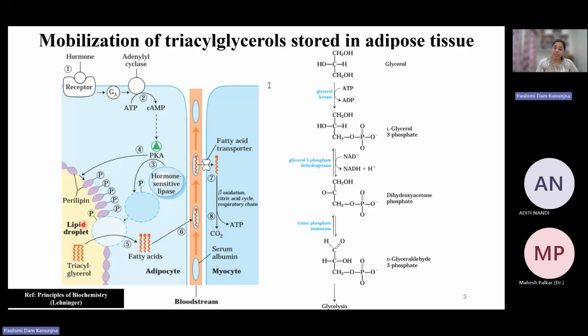So you will see that this removal of perilipin, or this moving out from the storage of the lipid droplet, is again a 2-3 step pathway, right? First of all, as you can see on the slide, the hormones responsible for mobilizing these fats are epinephrine and glucagon. These are secreted in response to low blood glucose level. If you have low blood glucose level, you need more energy because you don't have energy.